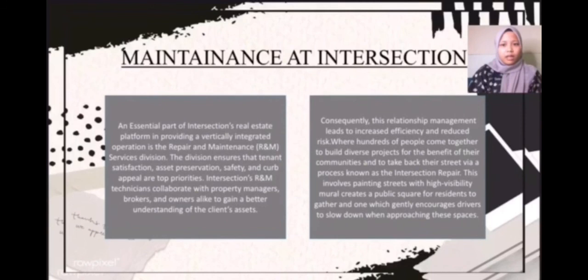Intersection R&M technicians collaborate with property managers, brokers, and owners alike to gain a better understanding of the client's asset. Consequently, the relationship management leads to increased efficiency and reduced risk.